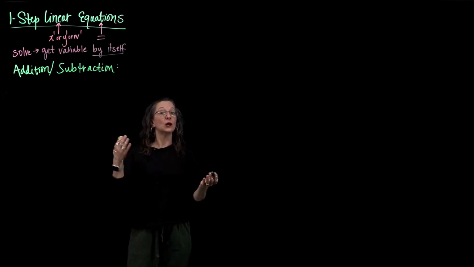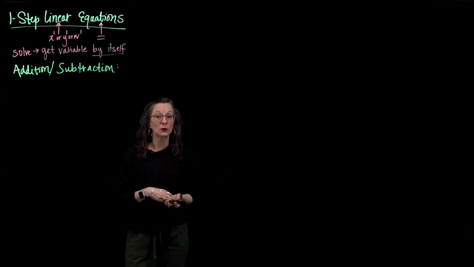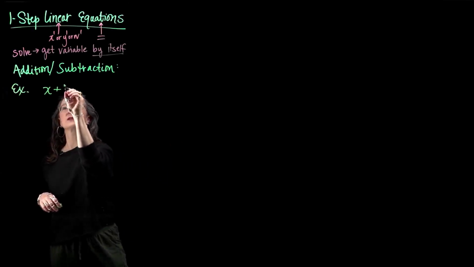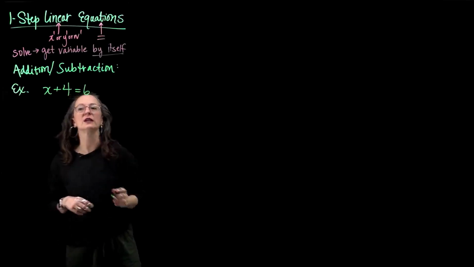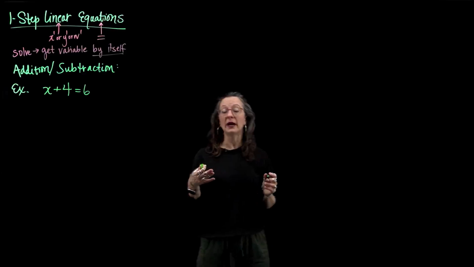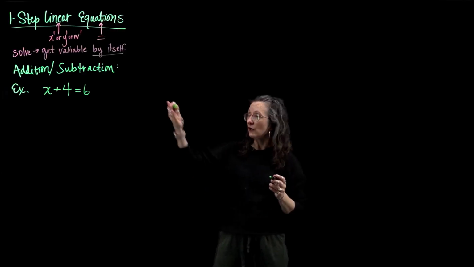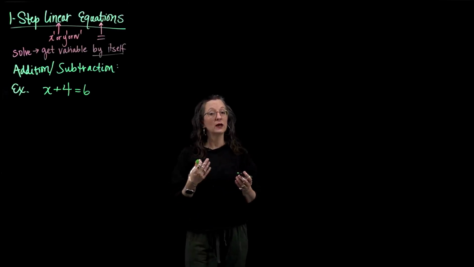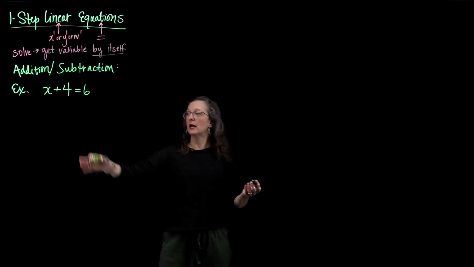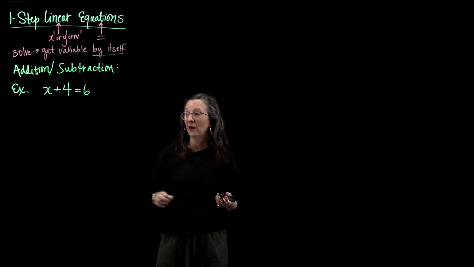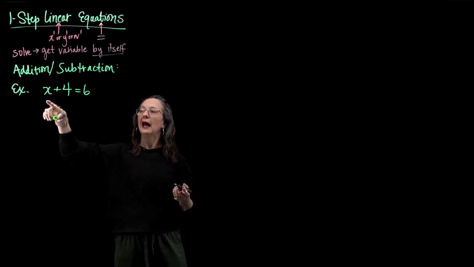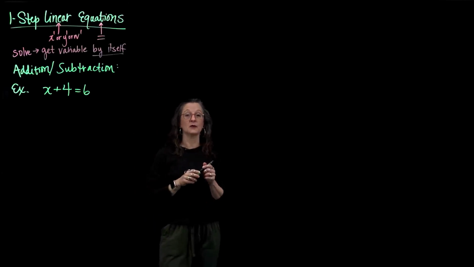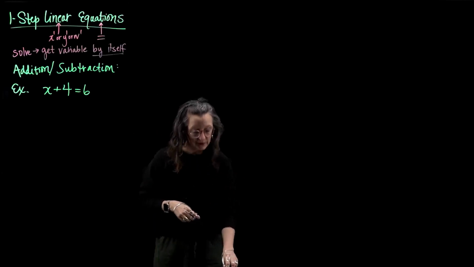So when we talk about an equation involving addition or subtraction, we might be looking at something like x plus 4 equals 6, meaning that x is not by itself because 4 is being added to it. Now this is a one-step linear equation because x is to the first power, we have an equal sign, and there's only one thing happening that keeps x from being all by itself.